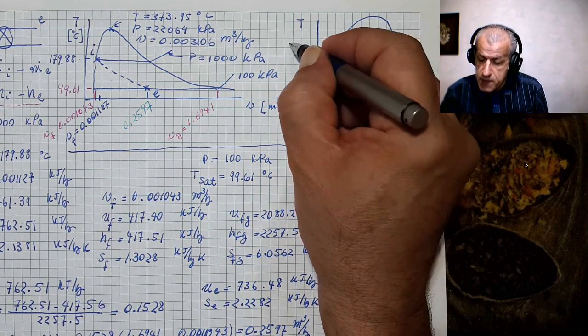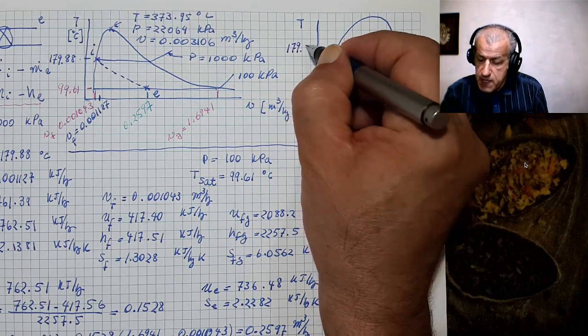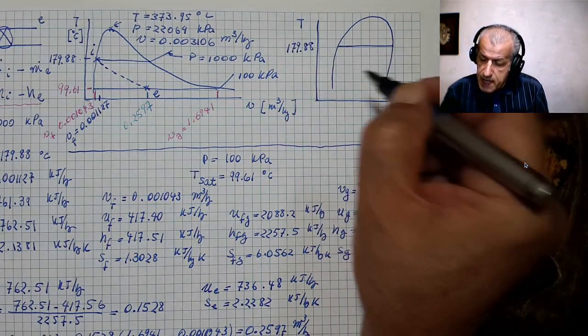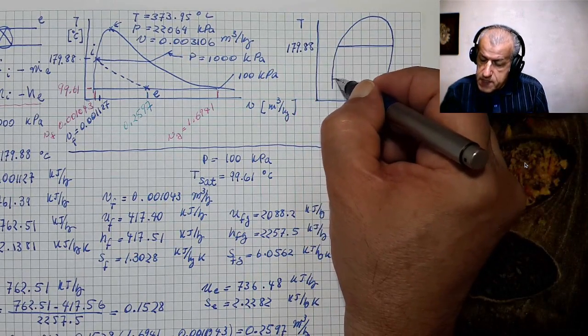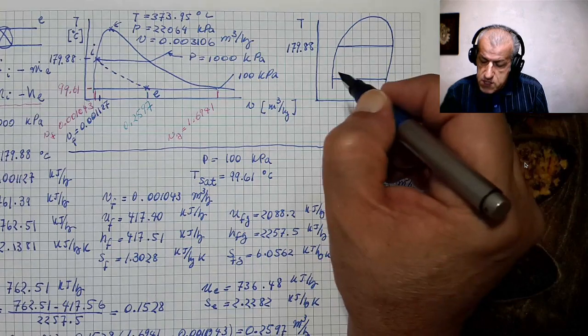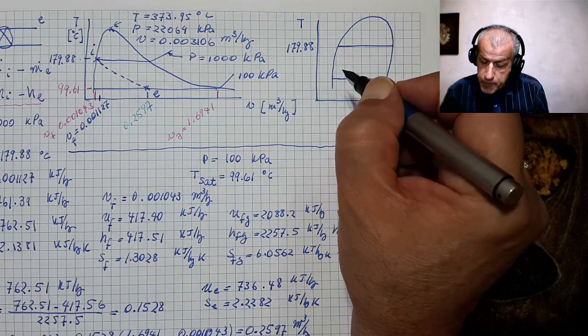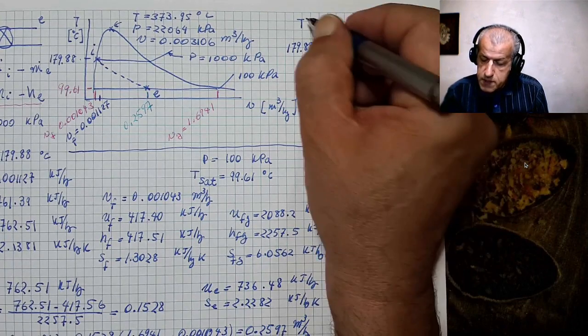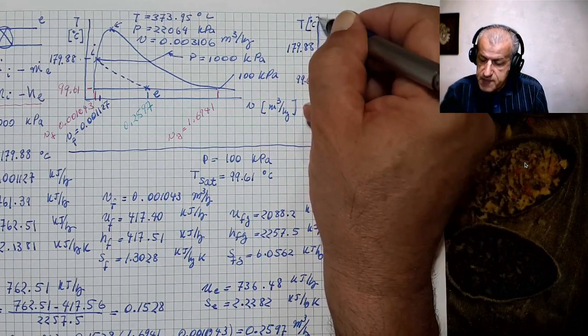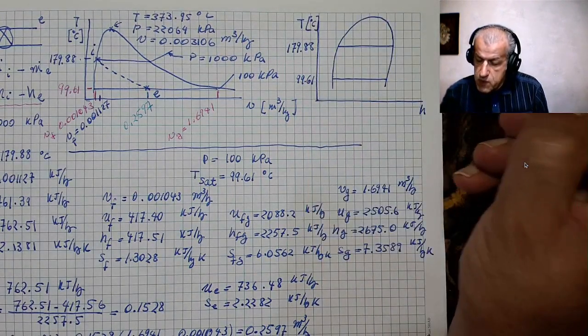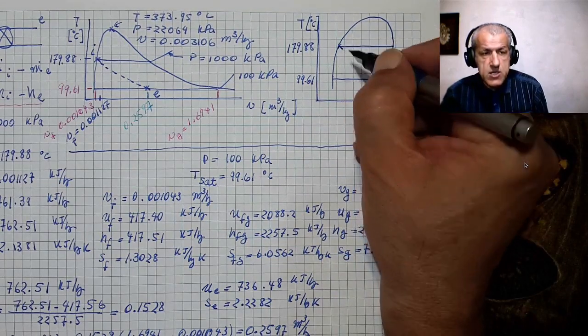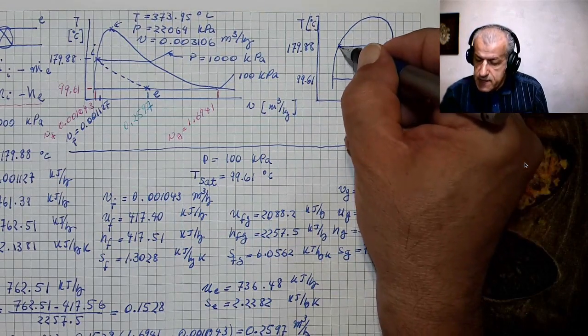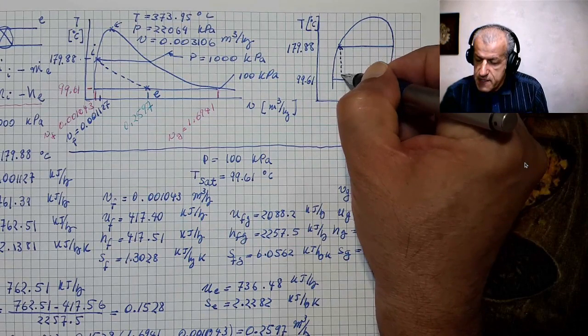The saturation temperature is 179.88 for the 1000 kilopascal line, and 99.61 for the 100 kilopascal line. They are all in degrees C. And what we know is that this is their initial point, and this is the constant enthalpy line.